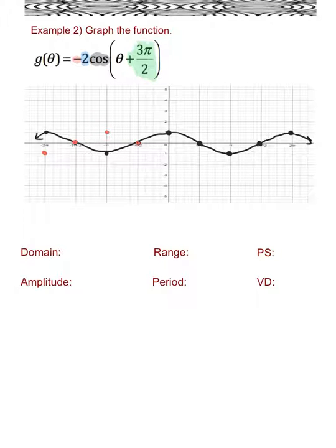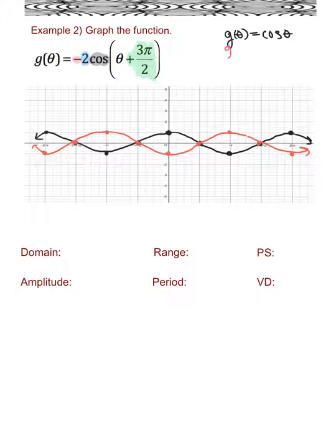Now this one has several iterations, so I might erase some of my transformations as I go, depending on how messy this gets. So right now I've got g of theta equals cosine of theta in the black.